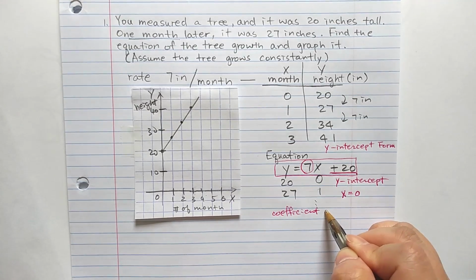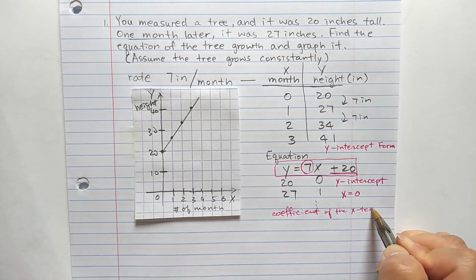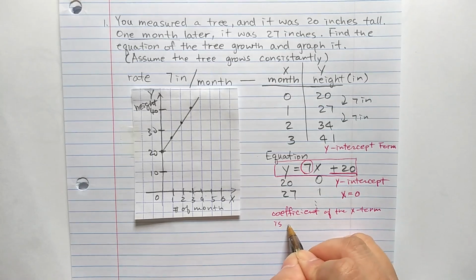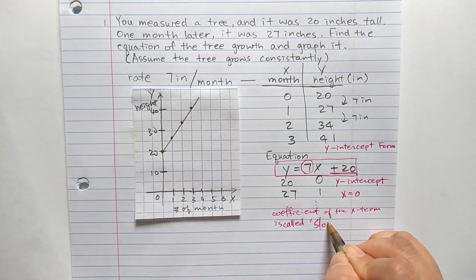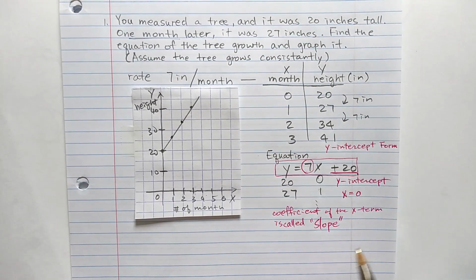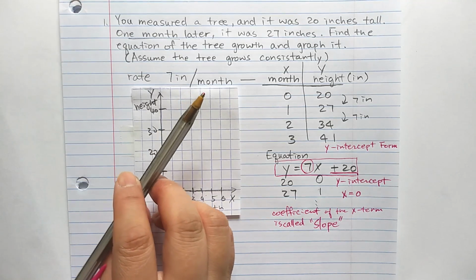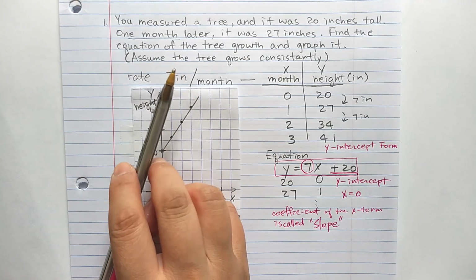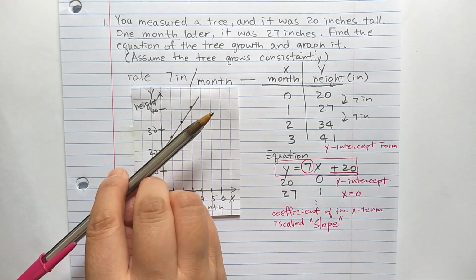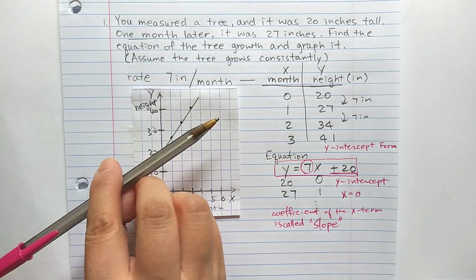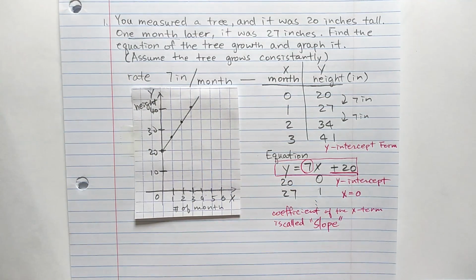So the coefficient of the x term is called slope. The slope tells you how steep the graph is. If the number is bigger, the graph is going to be steeper. If the number is smaller, then the graph will be closer to flat. And depending on the slope, it can go the other way like that. We'll talk more about slope later.